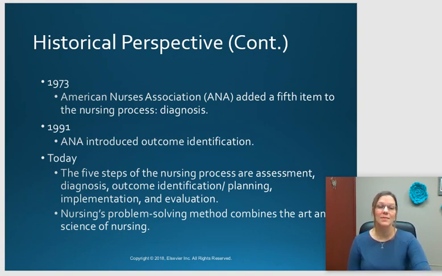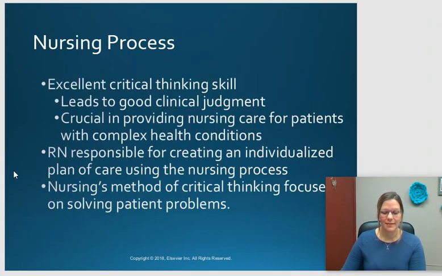Today, we have the 5 steps of the nursing process, and outcome identification and planning are sort of combined into one step. In nursing school, we aim to improve your critical thinking skills, and not just because we love education and want to make things really hard on you, but we want you to become an excellent critical thinker because it results in good clinical judgment.